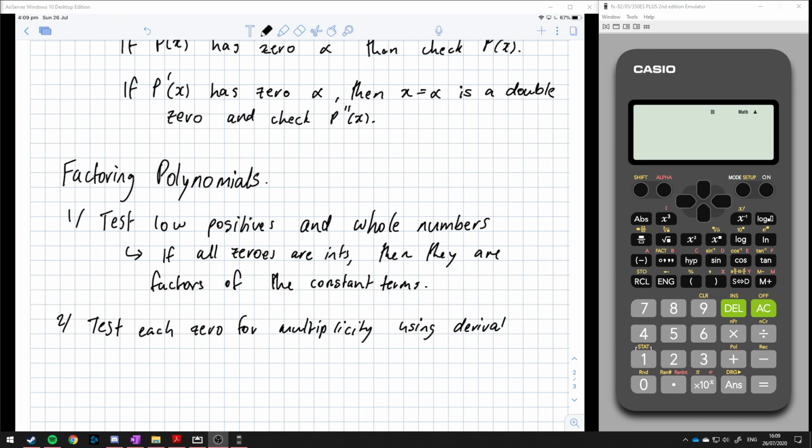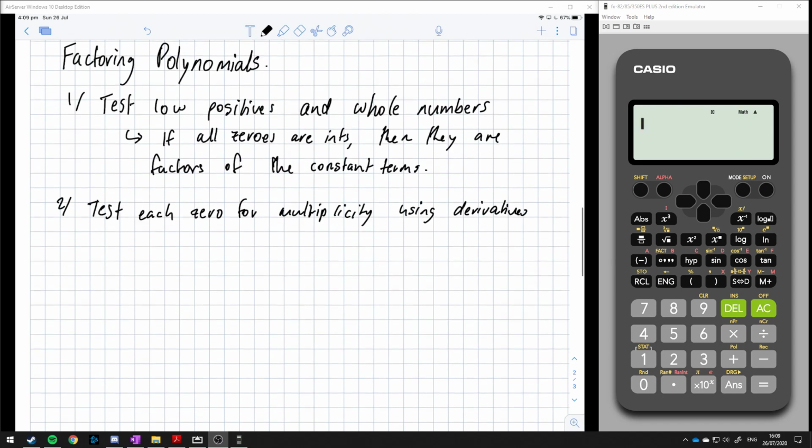That will help us determine whether or not some of our zeros have more than one multiplicity, and that will knock a few out as well. Then step 3 was to use the sum and product rules. And finally, if all else fails, long division. So long division is the one that you go to if you are stuck.